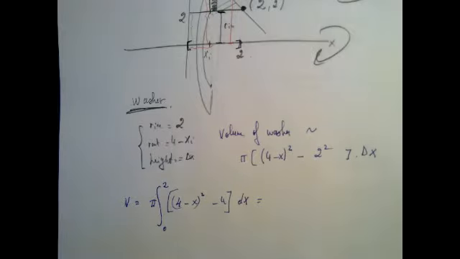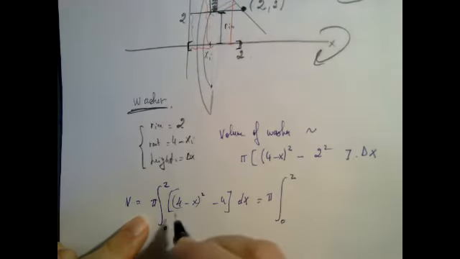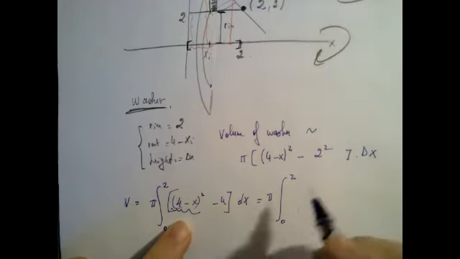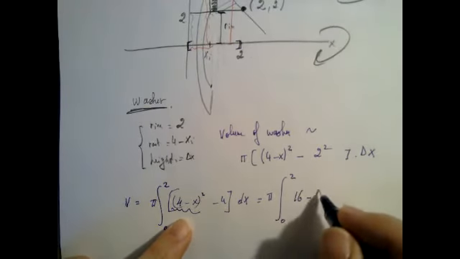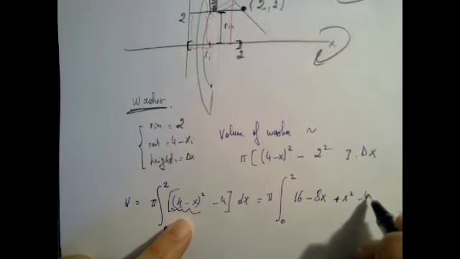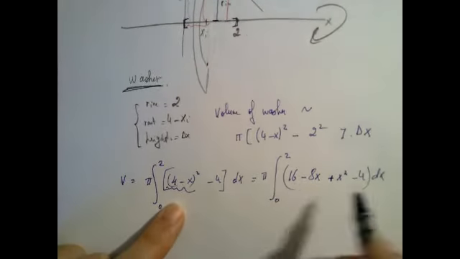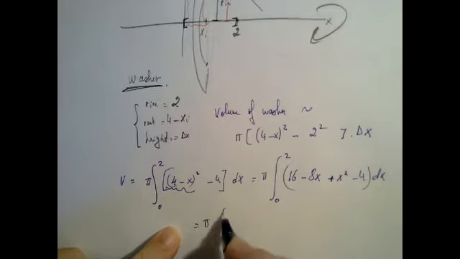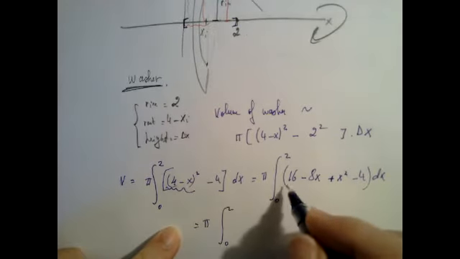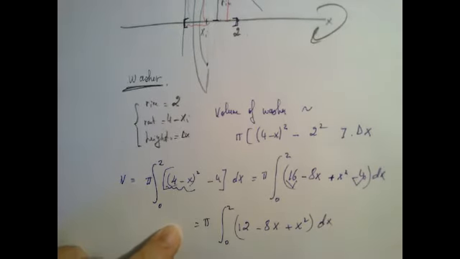Now to find the antiderivative, basically the only way we can do it is to expand this term, which gives me 16 minus 8x plus x squared minus 4. Combine like terms and then integrate: 16 minus 4 is 12, minus 8x plus x squared dx.